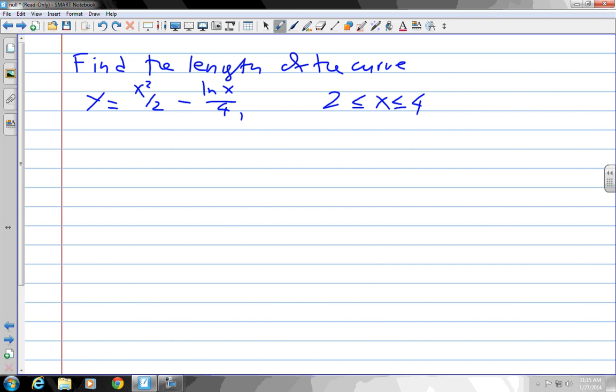Okay, everything's nice and pretty. I'm not even going to attempt to sketch whatever this thing is. That doesn't matter, it's not as important as with the volumes. But anyway, we're probably just going to end up with an integral from 2 to 4 of the square root of 1 plus whatever the derivative is squared dx.